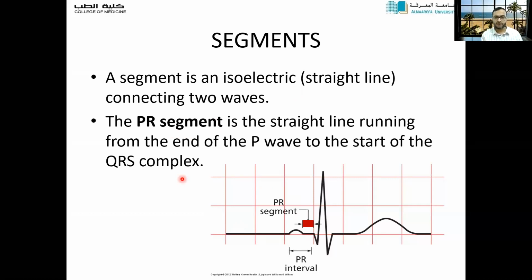We know that when the SA node fires an impulse, it depolarizes the atria first, then it goes through the AV node and bundle of His to the bundle branches. When it crosses these AV junctions, through the AV node and bundle of His, there is a delay of the impulse, and this is shown by the PR segment over here.